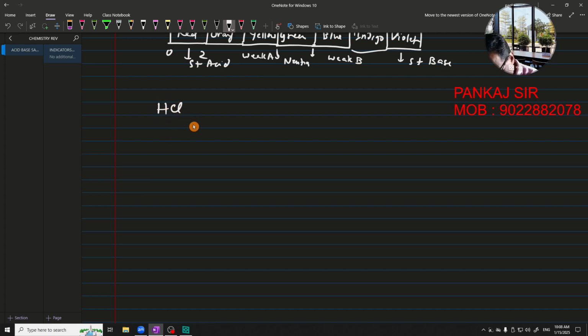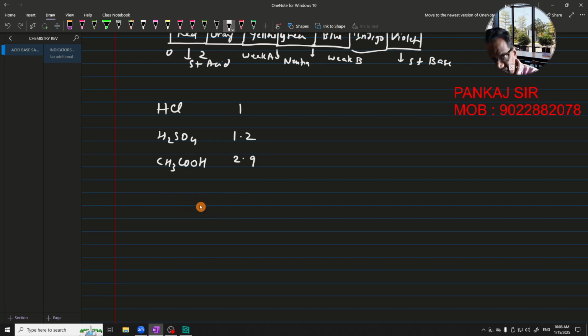The pH value normally of hydrochloric acid is 1, and for sulfuric acid the pH value is 1.2. For acetic acid, which is also known as ethanoic acid, you have the pH value of 2.9. This way it goes.